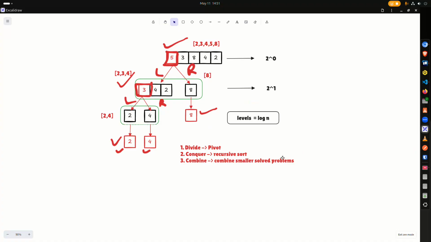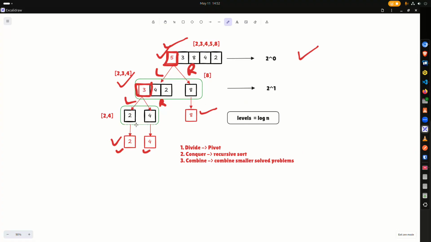In order to learn the time complexity of this code, we can check out this tree structure. We have a single array, then we divide it into 2, then we further divide it into two. This is going in a binary tree like structure, where each problem is divided into two sub problems. Right now we have only two levels. 2 raised to 0 is 1, so we have one element. 2 raised to 1 is 2, so we have two sub problems to solve here.